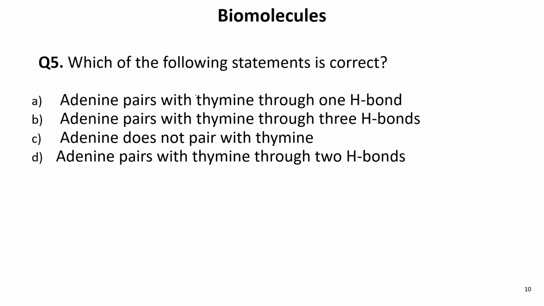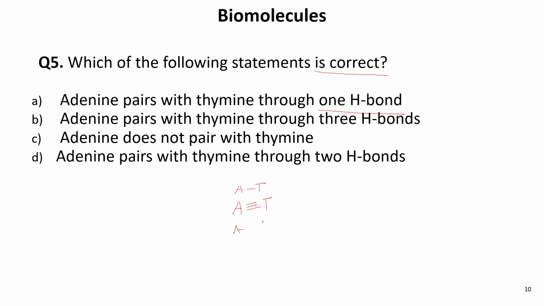Next question, which of the following statements is correct? Adenine pairs with thymine through one hydrogen bond. Adenine pairs with thymine through 3 hydrogen bonds. Adenine does not pair with thymine.